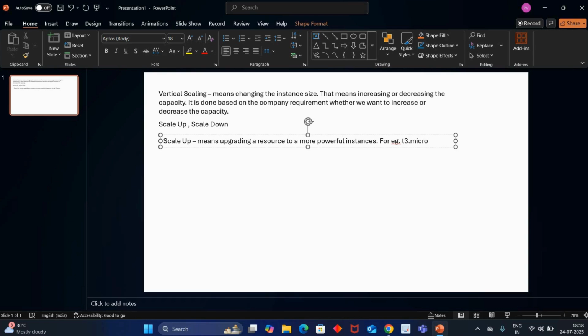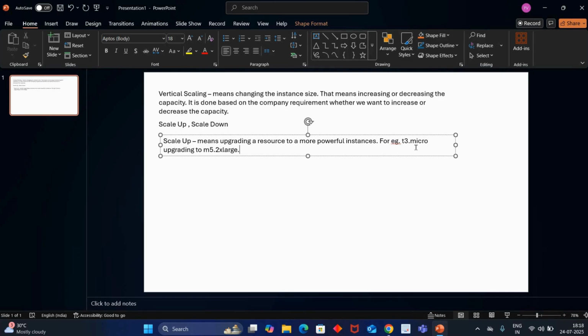Now increasing the capacity means we are upgrading this T3 dot micro to M5 dot 2x large or something.